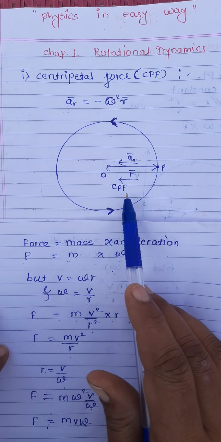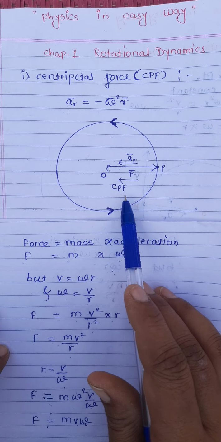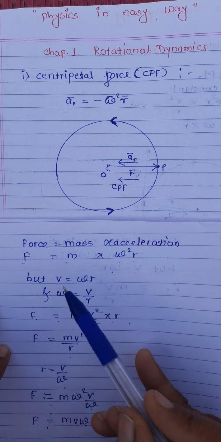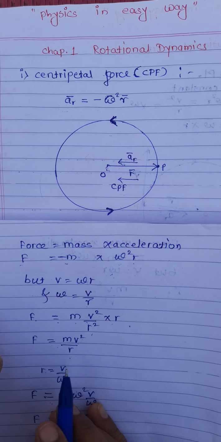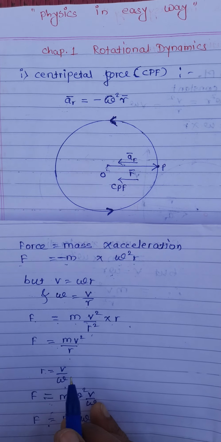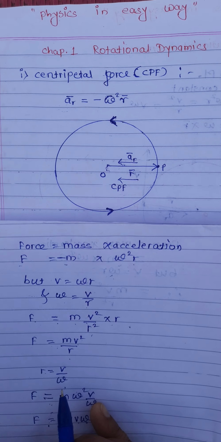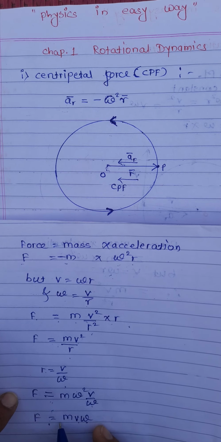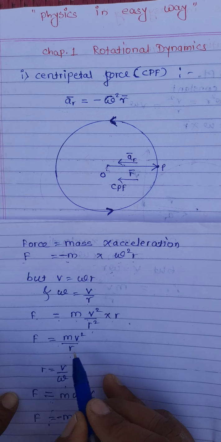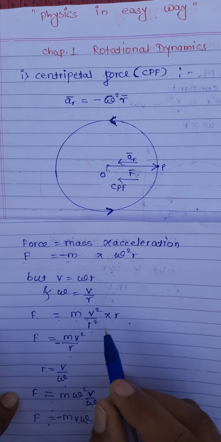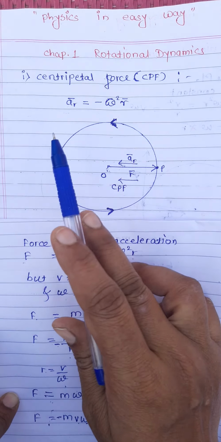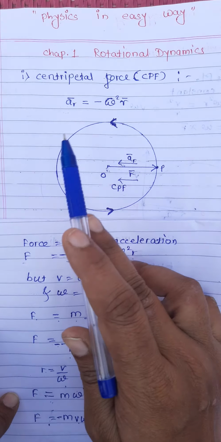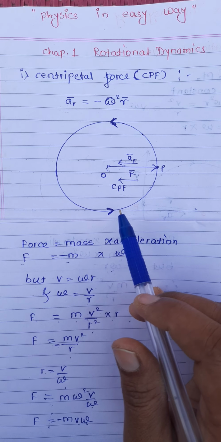When we represent this centripetal force with its direction, we have to represent it with a negative sign in front of each formula because it is directed towards the center, and the particle performs circular motion on the circumference of the circle.